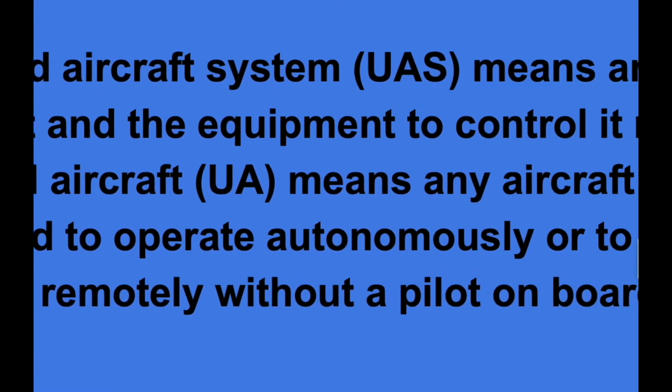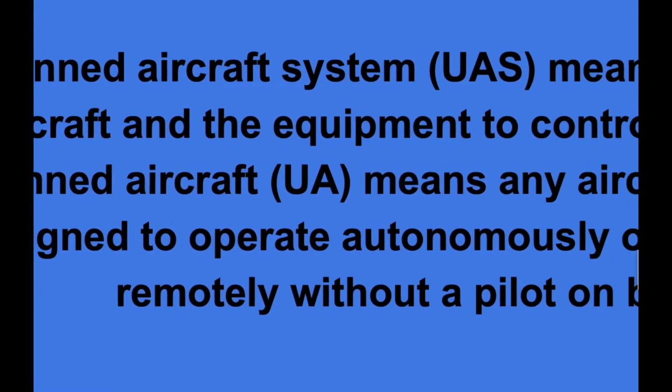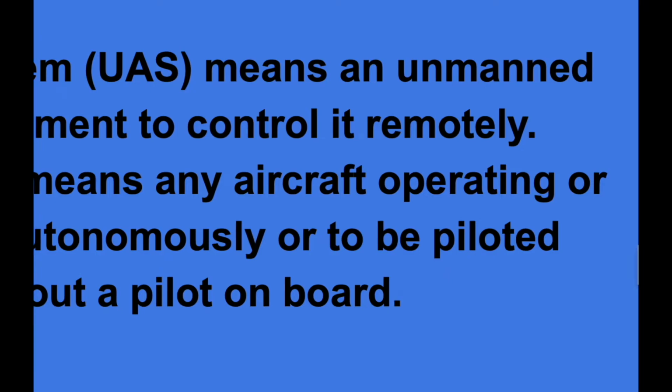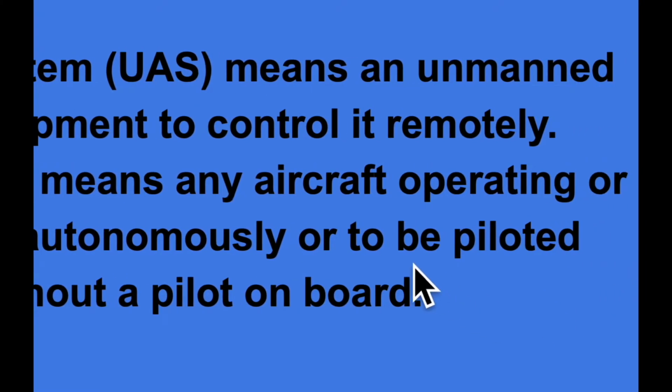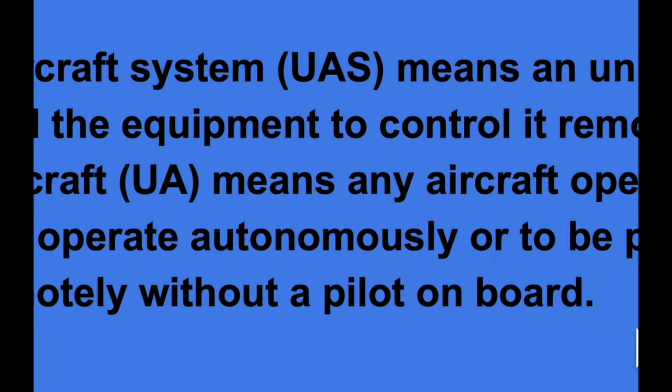Unmanned aircraft means any aircraft operating or designed to operate autonomously or to be piloted remotely without a pilot on board. So this is pretty much what a UAV is, but more so it's more robotic than you actually manually operating it yourself.